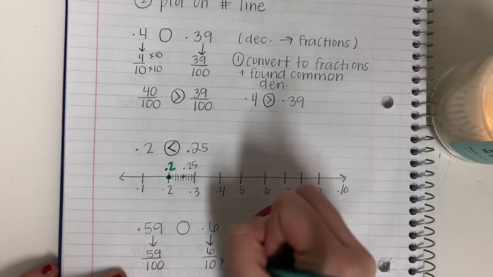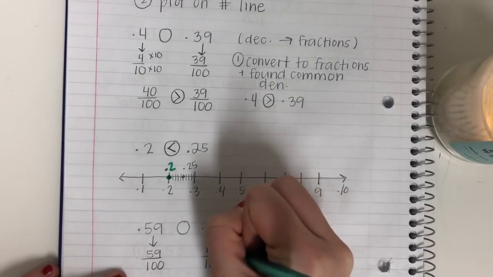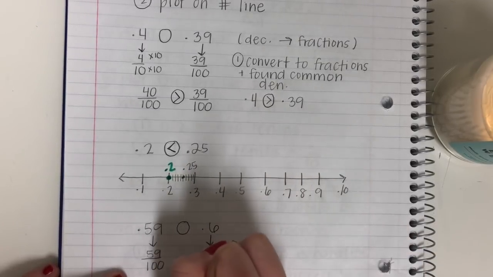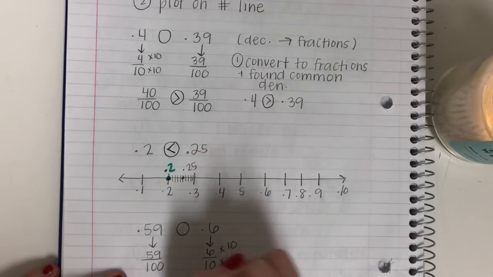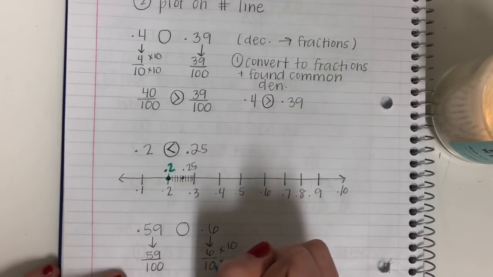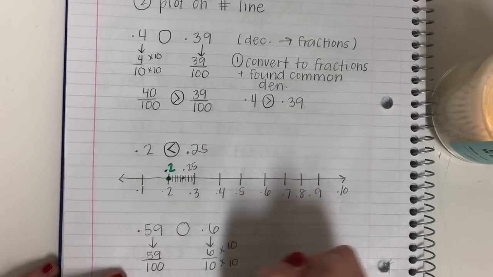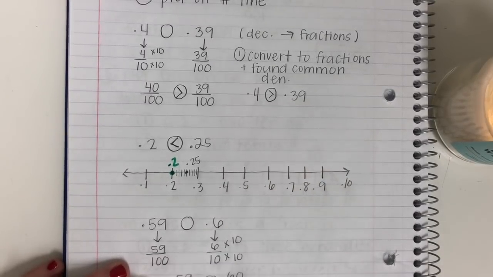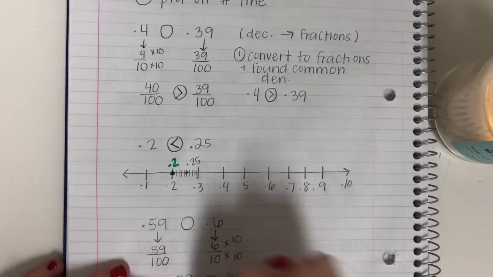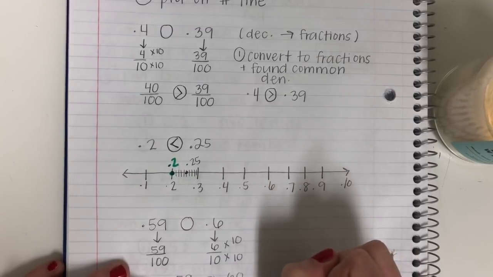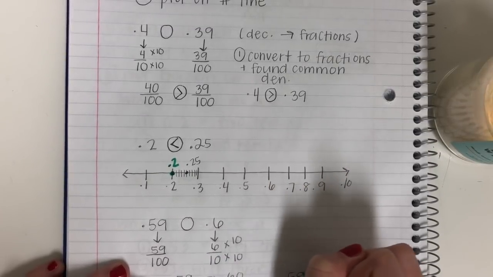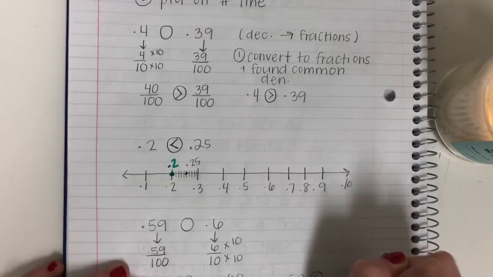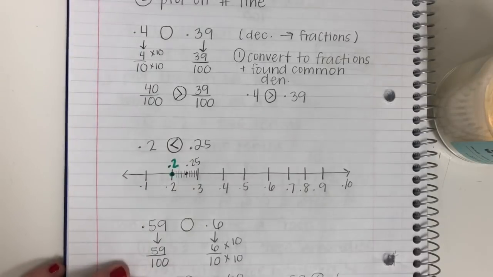So I'm going to multiply the same number, denominator and the numerator. So now I have 59 over 100 being compared to 60 over 100. Well, 59 is less than 60. So in turn, 59 hundredths is less than 6 tenths.